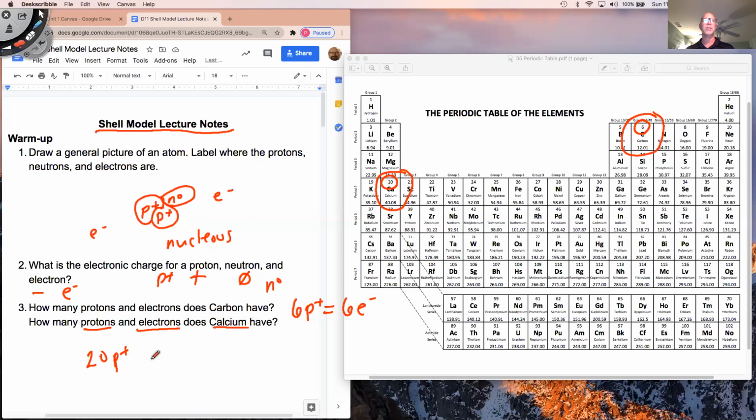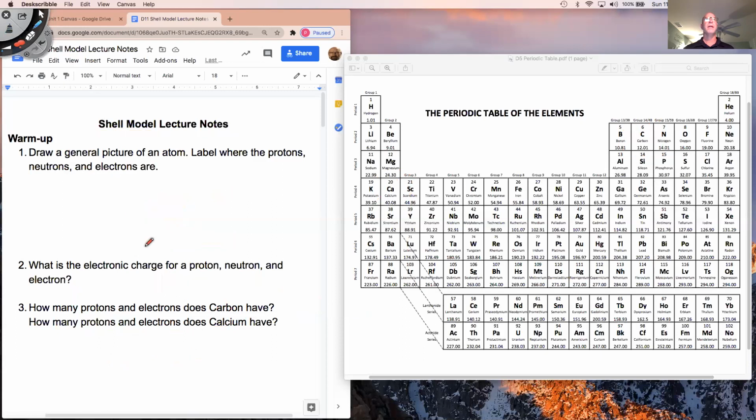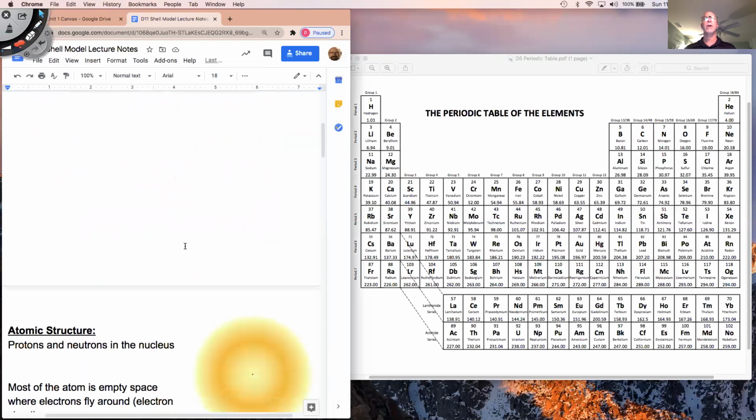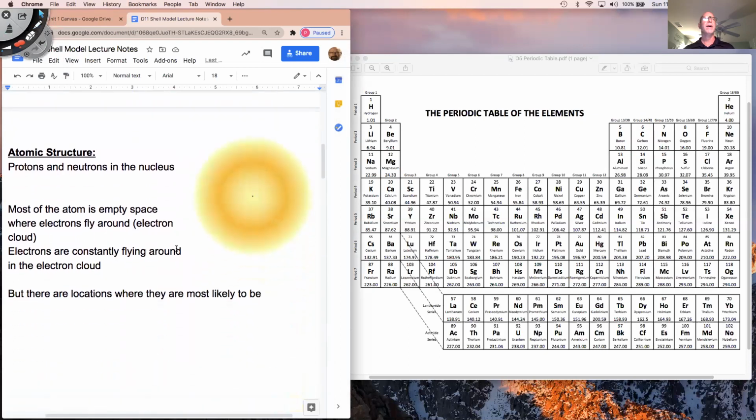Notice there's no charge. So that means it must equal 20 electrons because the protons equal the electrons in a neutral atom. All right. So that was our little review from today. Watch it again if you need to review it. And then we're going to move on to our modeling of atoms.